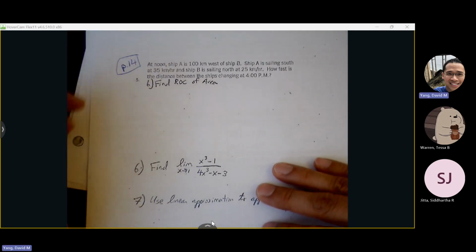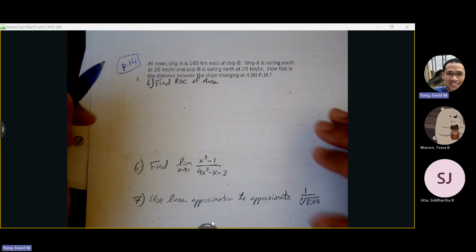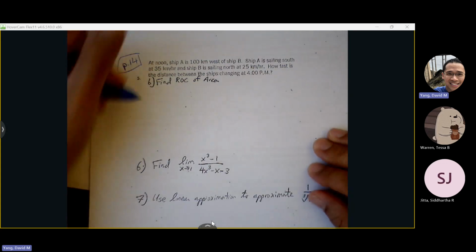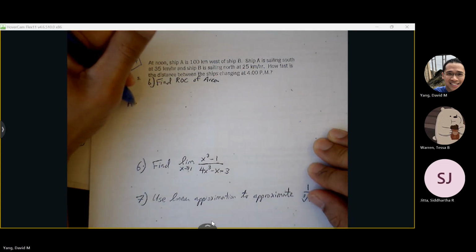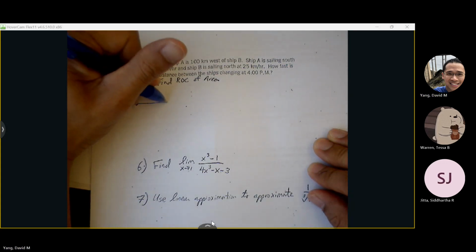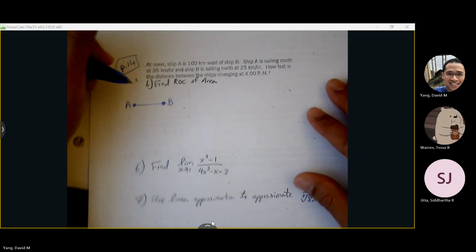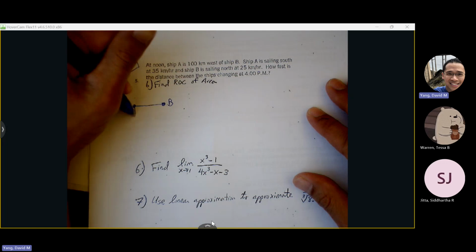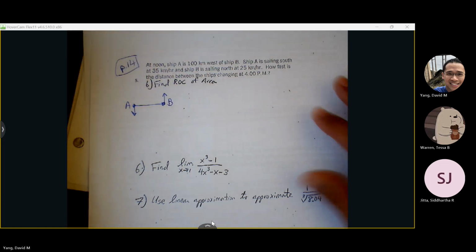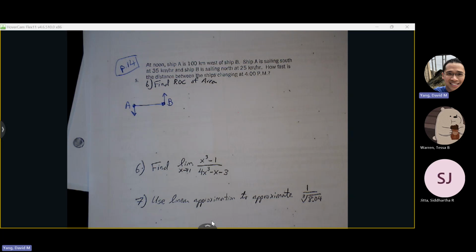All right, at noon, ship A is 100 kilometers west of ship B. A is sailing south and B is sailing north. How fast is the distance between the ships changing at 4 p.m.?